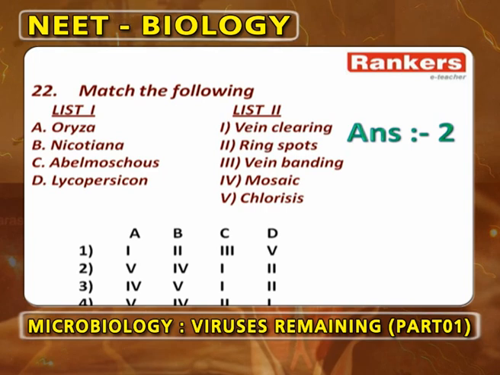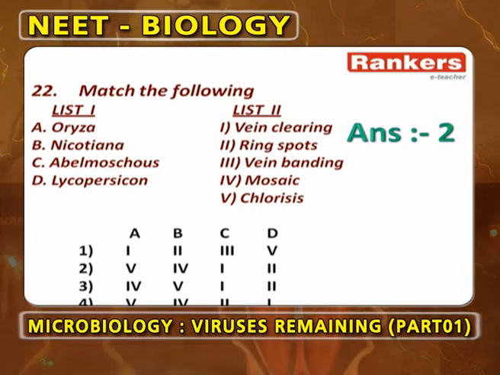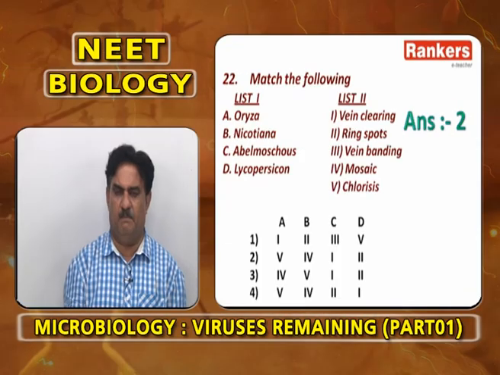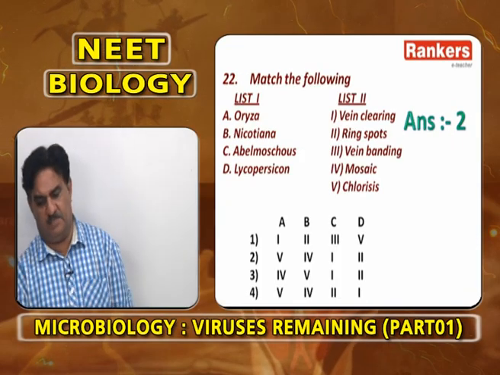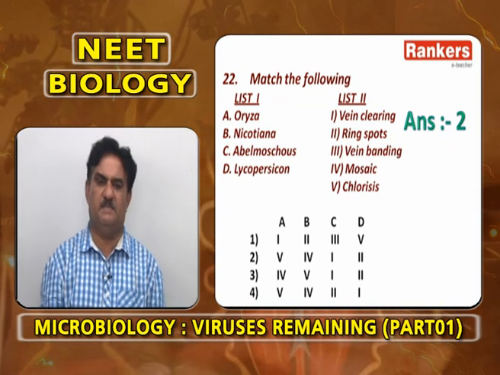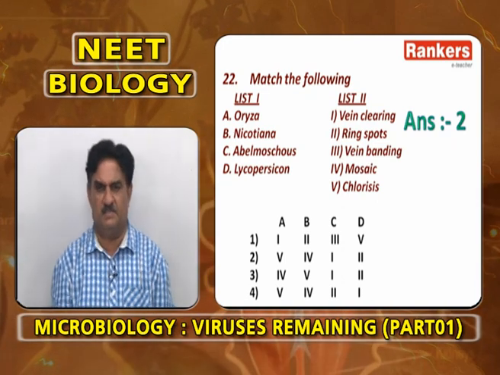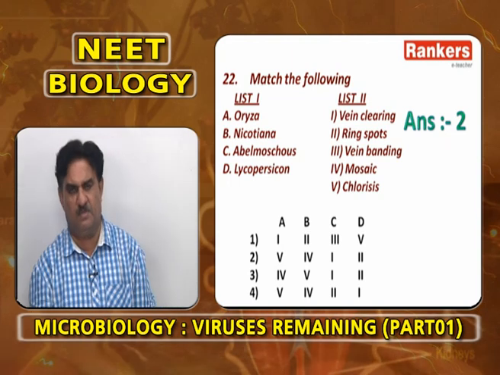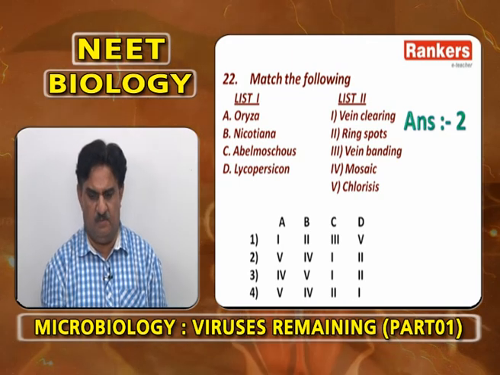Oryza is chlorosis. Nicotiana is mosaic. Abelmoschus is vein clearing. It is popularly called bhendi vein clearing. And Lycopersicum is ring spots. Tomato ring spot virus we call. Tomato is Lycopersicum.